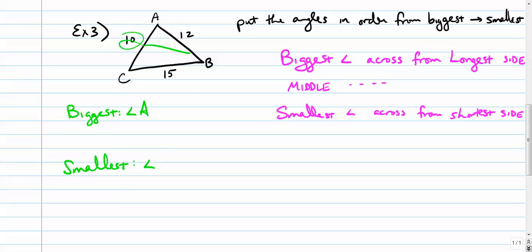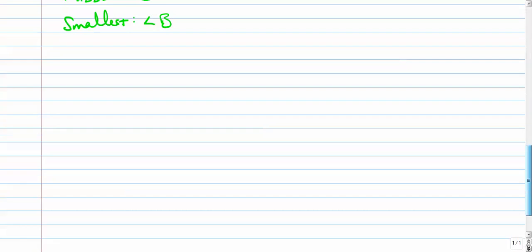The smallest side is segment AC, so the smallest angle is angle B. And the one in the middle, of course, is across from the middle side. That works conversely as well. If you're given angles, then the sides all correspond. I'll show you an example of that.